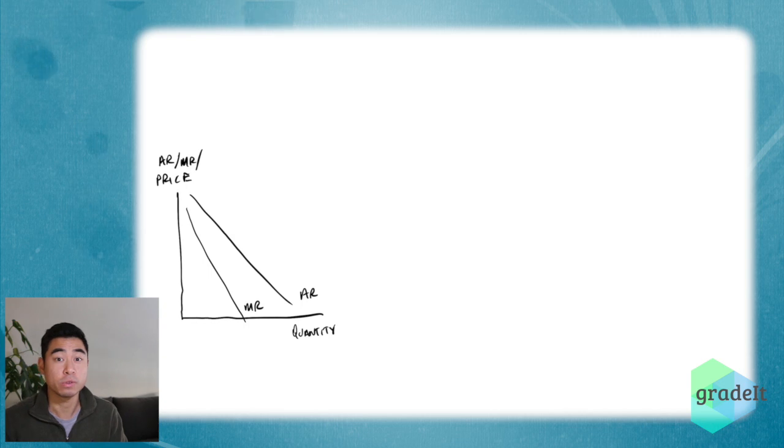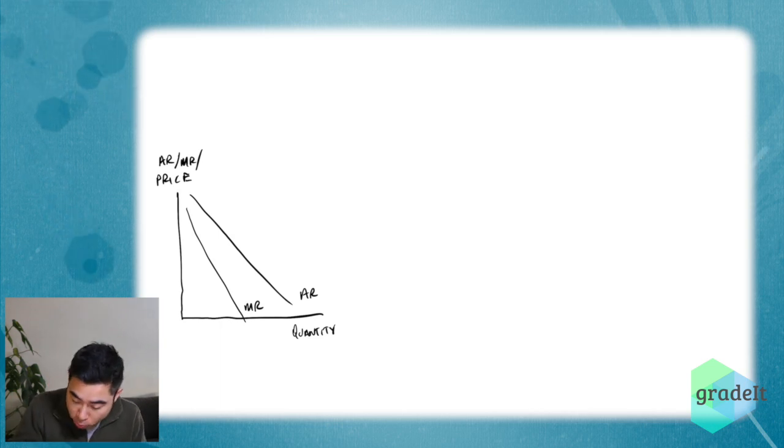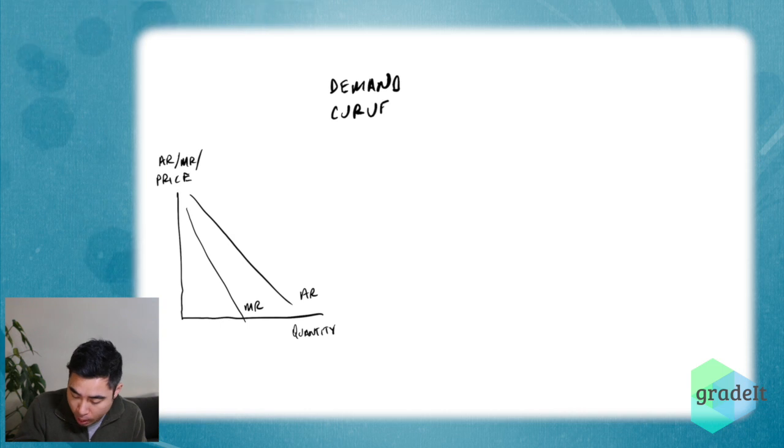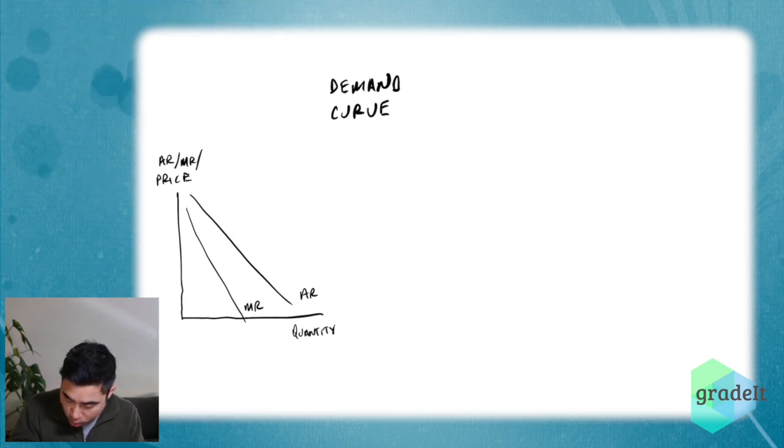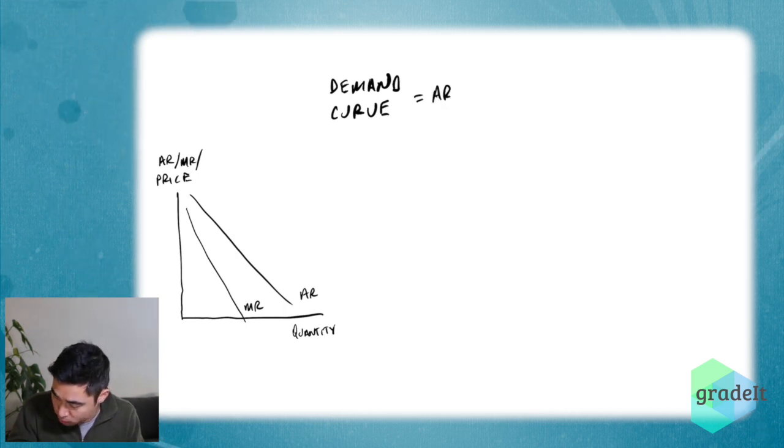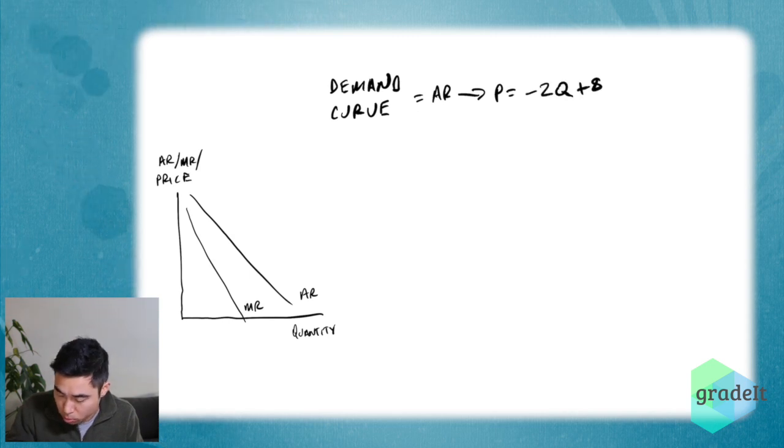curve. So if you watched my first video on solving for the market equilibrium in a demand and supply diagram, you will remember that we looked at my demand curve as a straight line, downward sloping, so your demand curve, which is the same as your average revenue curve, and we said price equals minus 2Q plus 8.